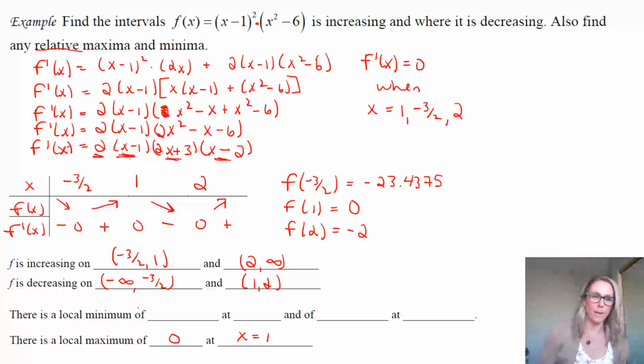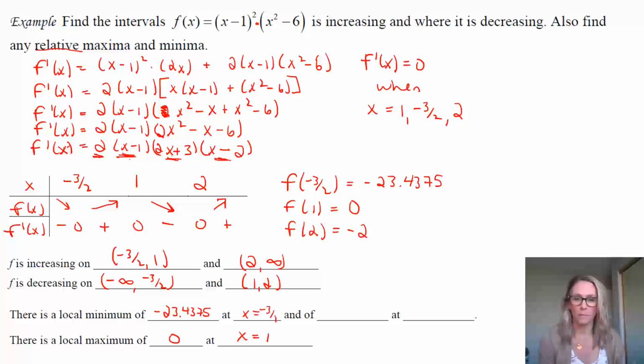So that creates a local max. And then we have our 2 local minimums because of the decreasing to increasing, and that's going to be -23.4375 at x equals -3/2, and we have -2 at x equals 2.